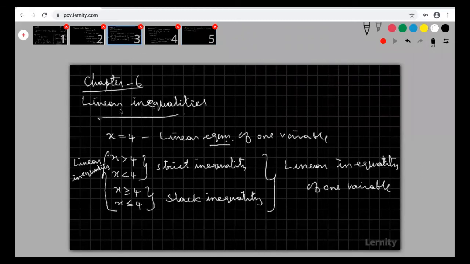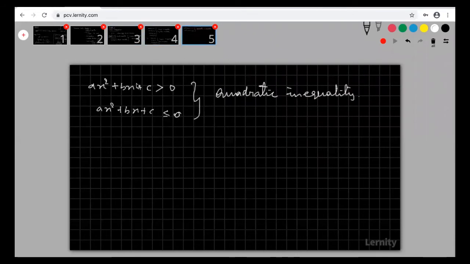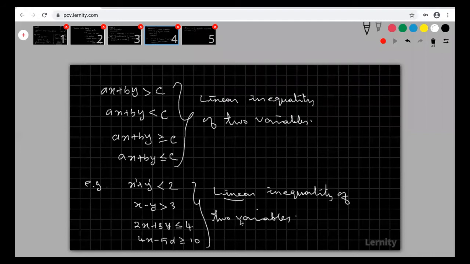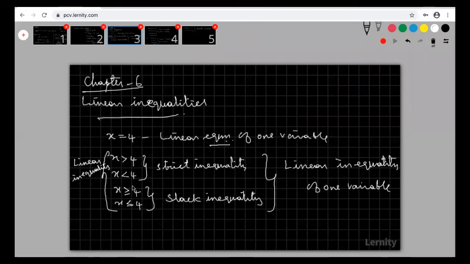My chapter name is linear inequality only. So we are not going to discuss quadratic inequality, but this is an example of quadratic inequality, and these are the examples of linear inequality of two variables, and these are the examples of linear inequality of one variable.